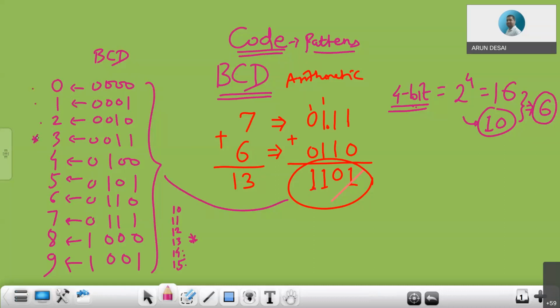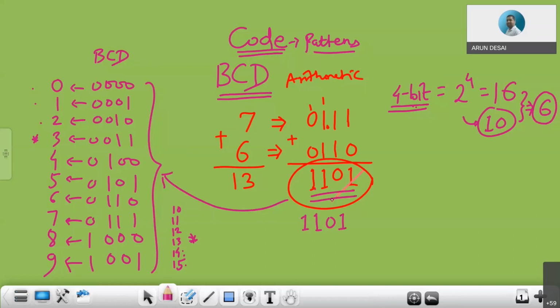Whatever result we get, if it is illegal, that means it is not in BCD form. It is binary, but illegal for BCD because the format is not present in the given BCD symbols.